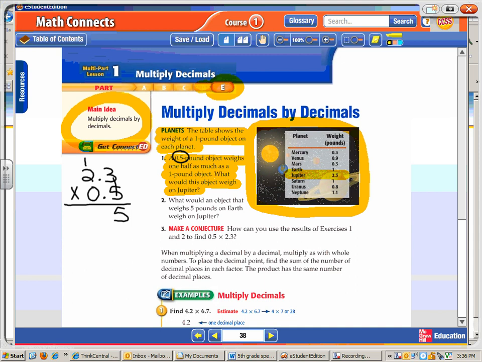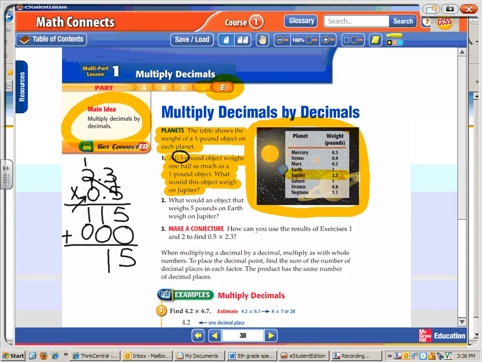Carry that 1 whole. Then we have 5 times 2 is 10, plus that 1 whole is 11. Okay, when we have 0 right here, we can put our place value holder in and say 0 times 3 is 0 and 0 times 2 is 0, and then add those up. Some students feel comfortable with that, but you recognize already that's just a row of zeros, so you can eliminate that step too.